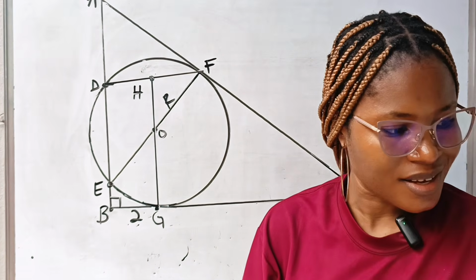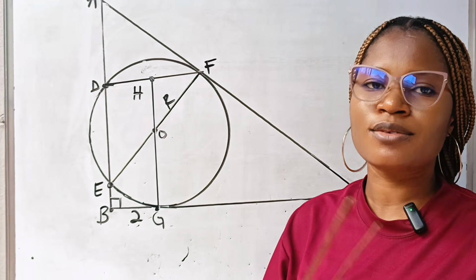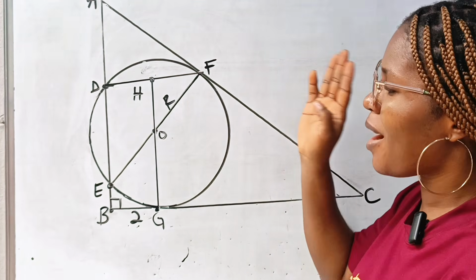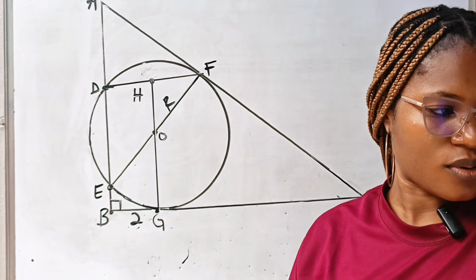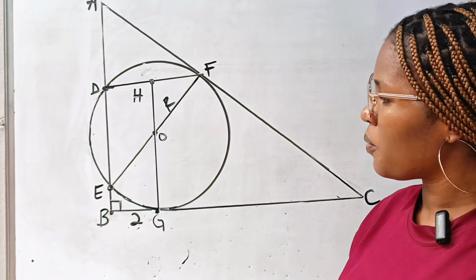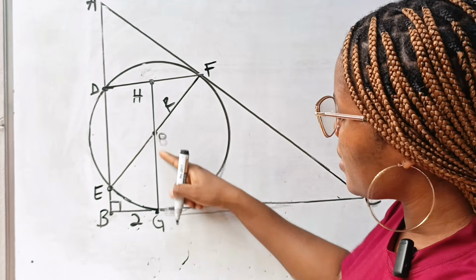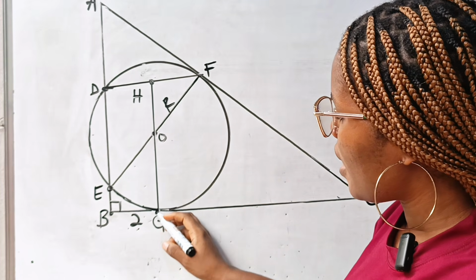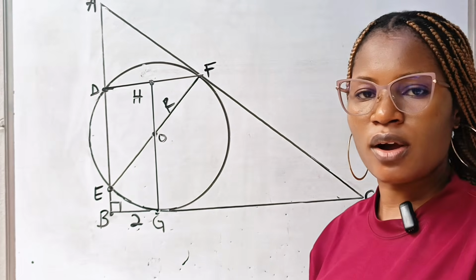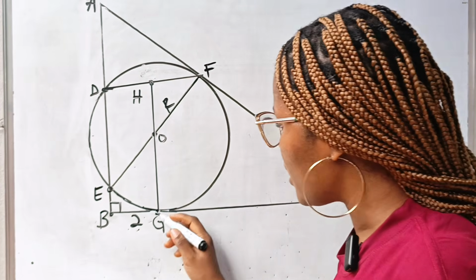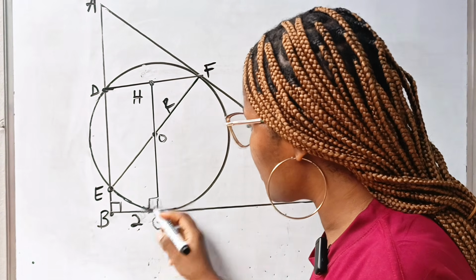Now I want us to start bringing out different circle theorems that we are going to apply here, because that is the only savior we have. First of all, if a perpendicular touches a tangent at its point of contact with the circle, we are going to have 90 degrees. So the angle here is 90 degrees.